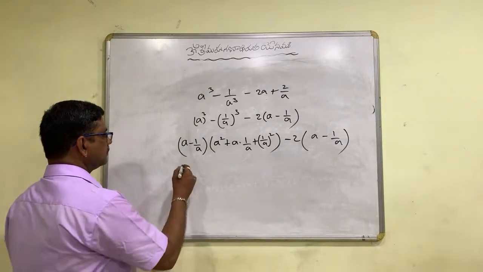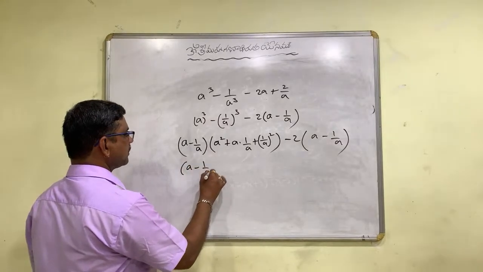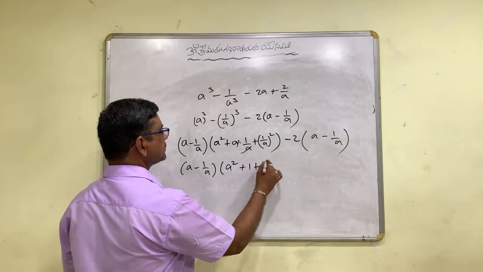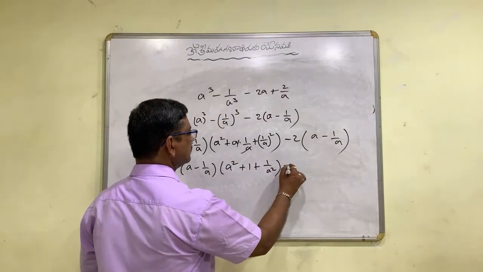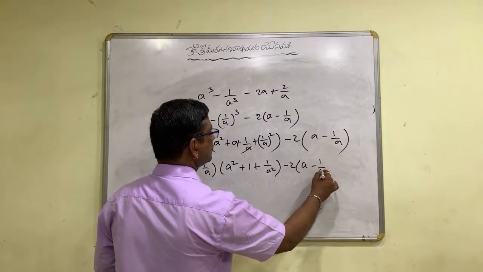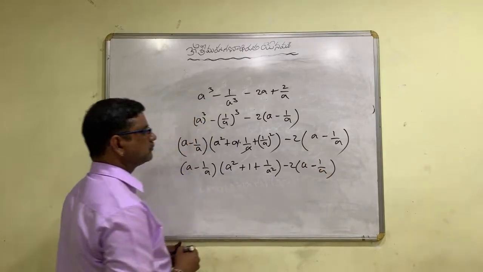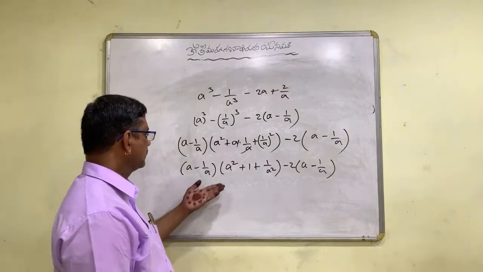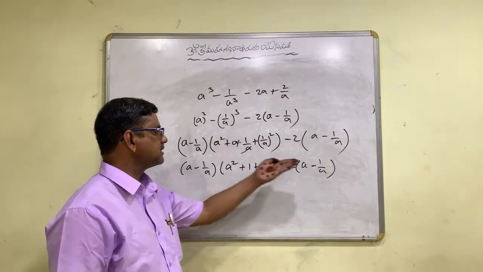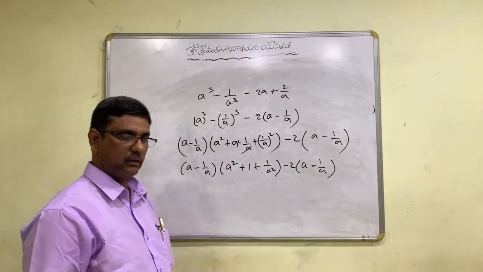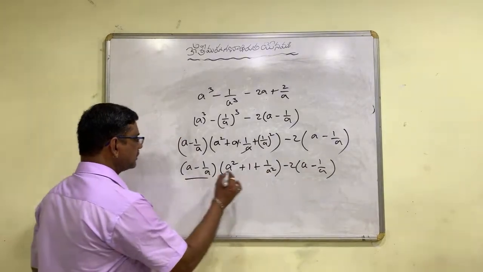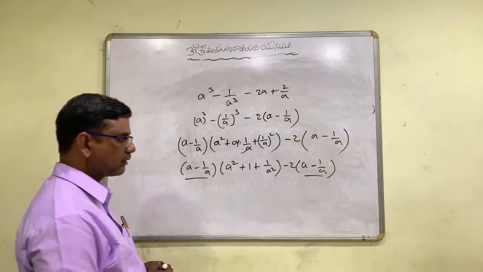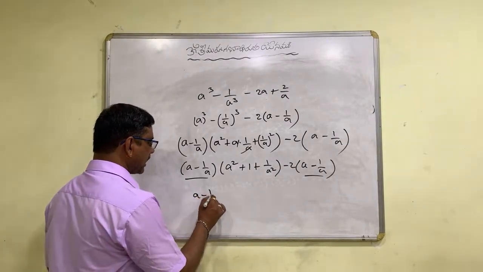Now, if I simplify this, these two get cancelled, 1 plus 1 by a square. Now see children, this is one term and this is the second term. In both the terms, a minus 1 by a is common. So we can take that as common.